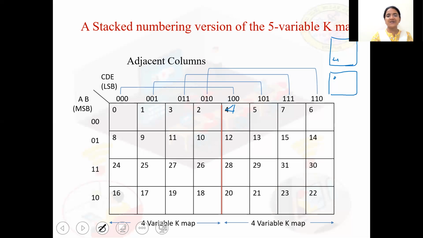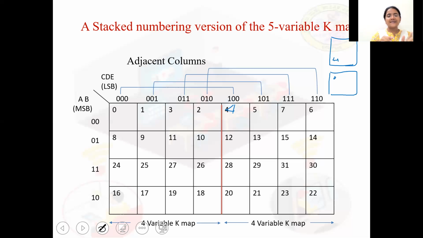In the mirror image version of the 5 variable key map, whenever we fold the key map at the half, we get the mirror image version, and the logically adjacent cells form the mirror images. We can group those logically adjacent cells as the adjacent columns.